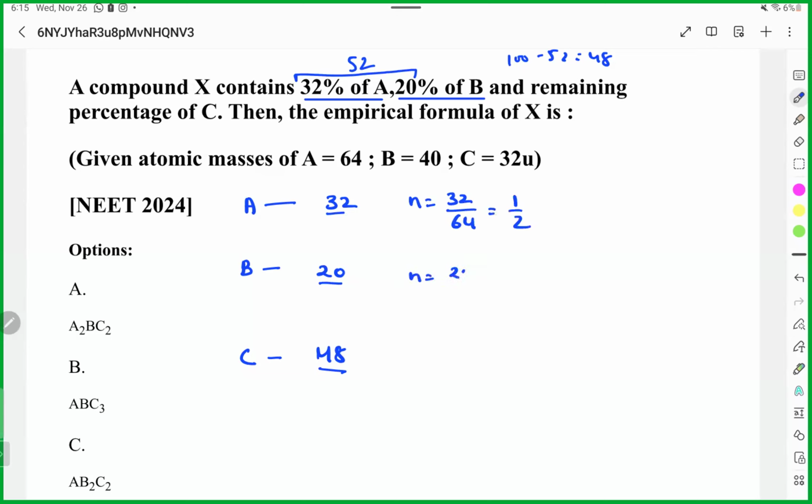Number of moles for given mass 20, molar mass 40, 1 by 2. C is 48. What is the molar mass? 32. It will be 3 by 2, because divide by 16. Can we say this is like 1, 1 and 3 times?